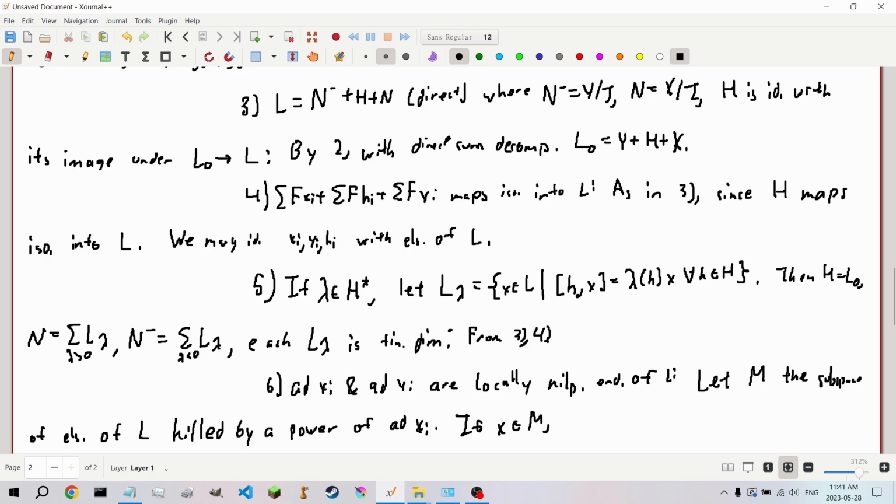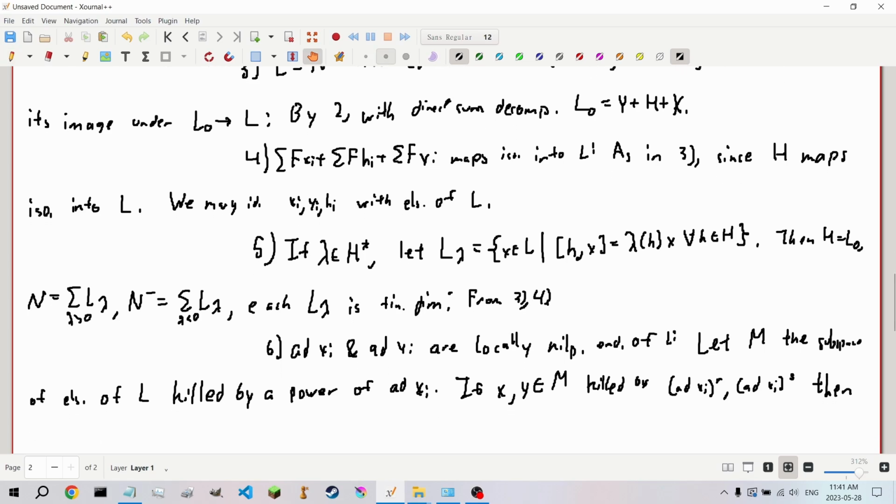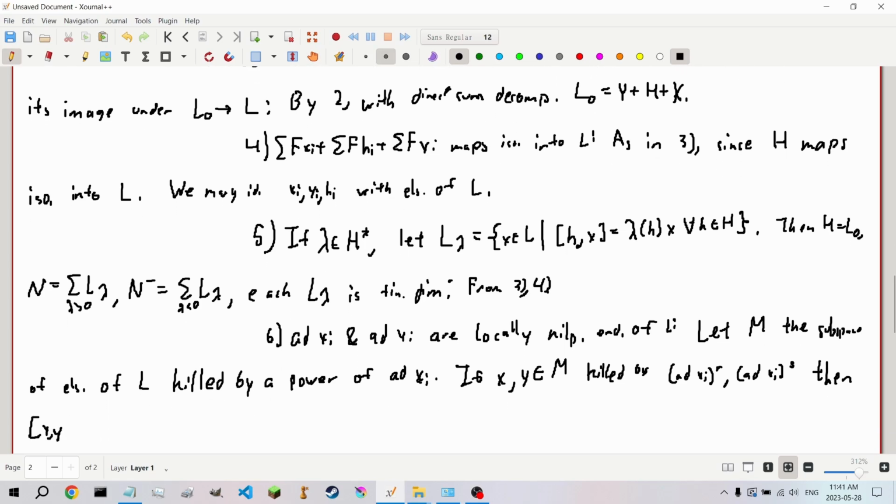If x and y in M, sorry, it got hard to read for a second, are killed by adjoint of xi to the r and adjoint xi to the s, then their bracket x comma y is of course killed by the adjoint of xi to the r plus s. So M is a subalgebra of L.